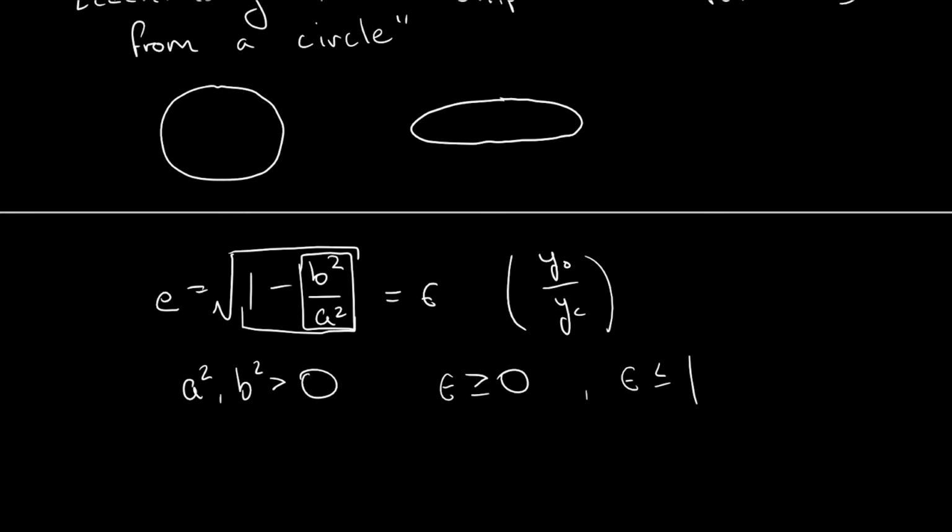However, if we allow epsilon to be greater than 1, then that means that one of these two things has to be negative, either b squared or a squared. Right? Because then I'm adding this ratio to 1, and I get something which is greater than 1.